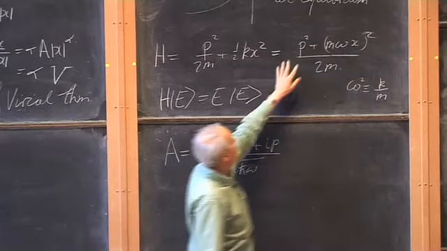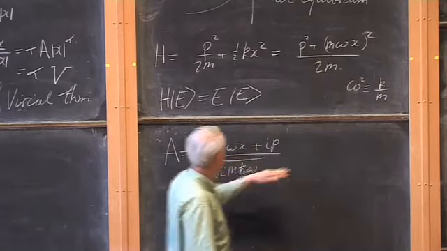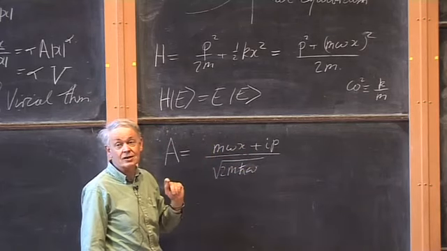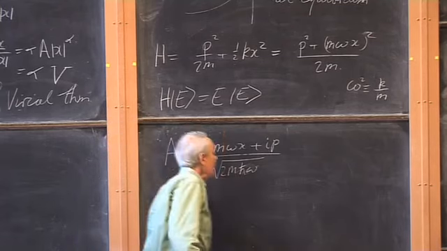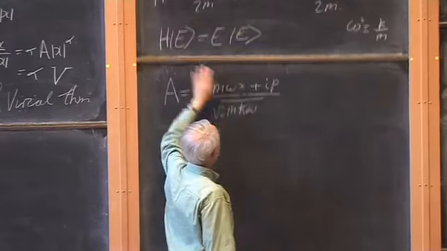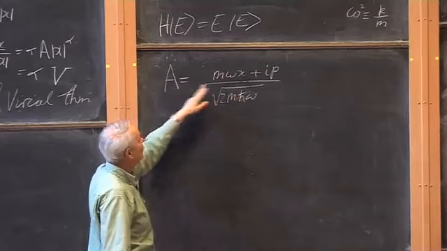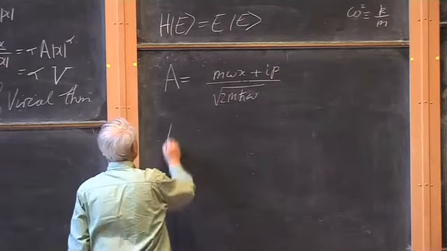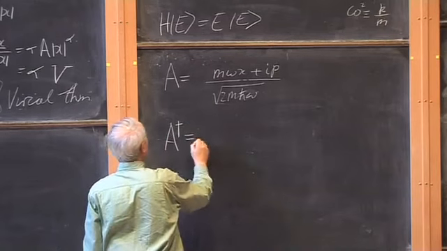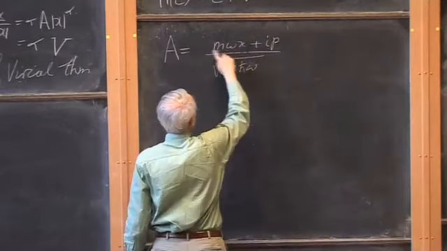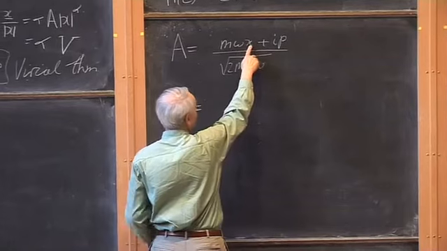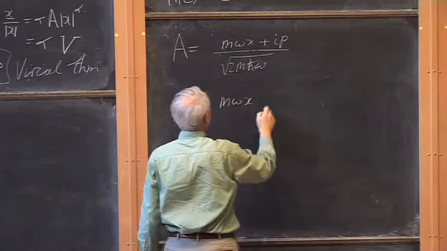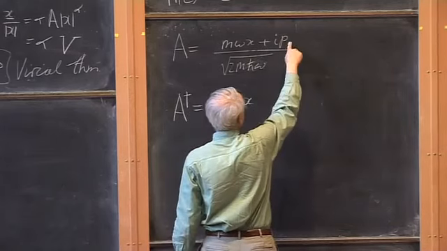But these are operators. Now, if they weren't operators, this and its complex conjugate would factorize that. So that's the drift, okay? Let's write down its complex conjugate. This, of course, is an operator, and it's not an observable. It's not a Hermitian operator. What is its dagger? A dagger, its Hermitian adjoint, is this thing dagger, which is itself, because x is a Hermitian operator, so it's m omega x, plus this thing dagger.